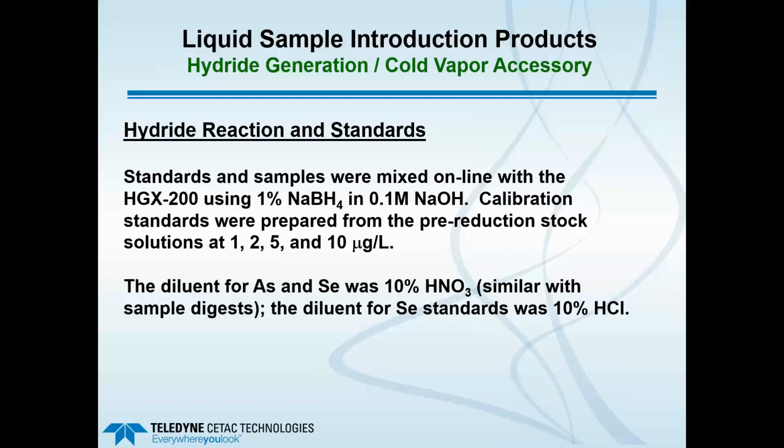But keep in mind that solution is kept in a basic form so it stays stable during the course of the day. Calibration standards were then prepared from pre-reduction stock solutions at 1, 2, 5, and 10 ppb. The diluent for the arsenic and antimony standards was 10% nitric acid, similar to the sample digest we're going to look at. The diluent for the selenium standards was 10% HCl.